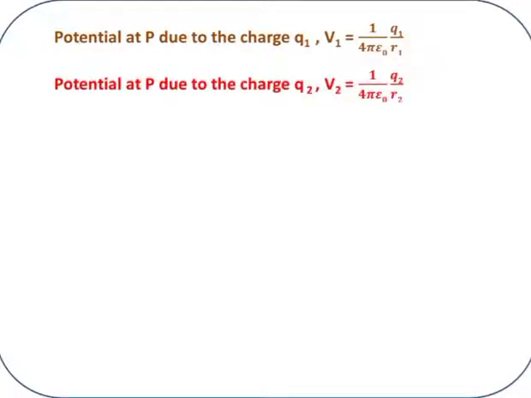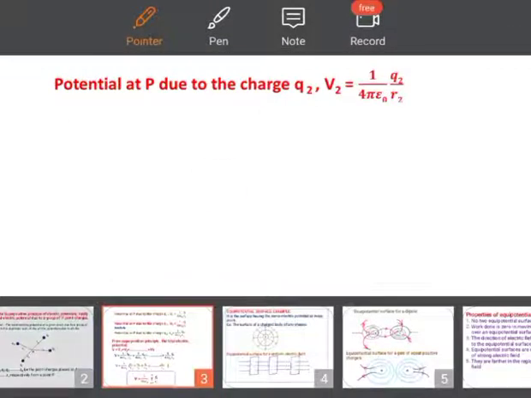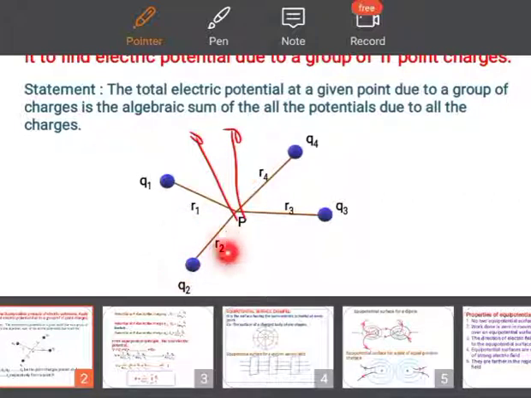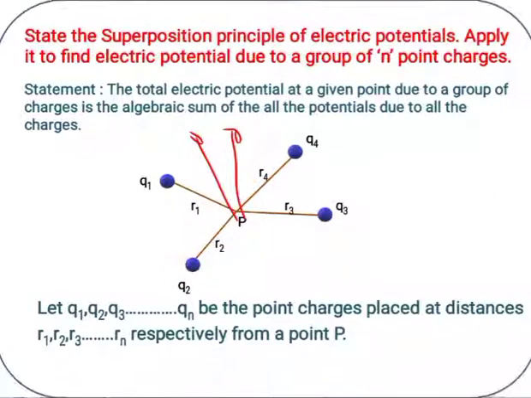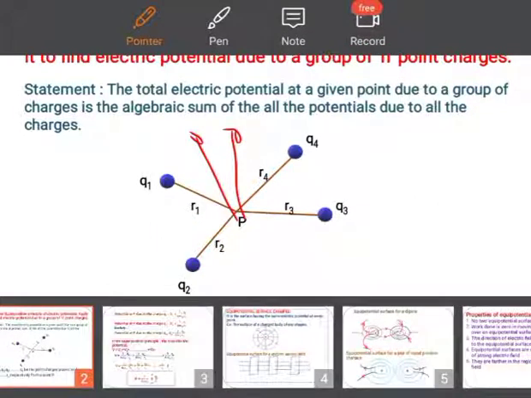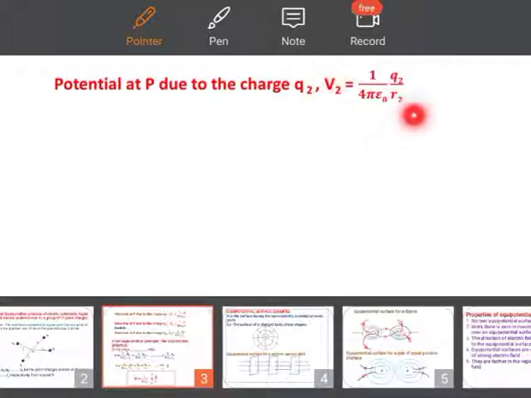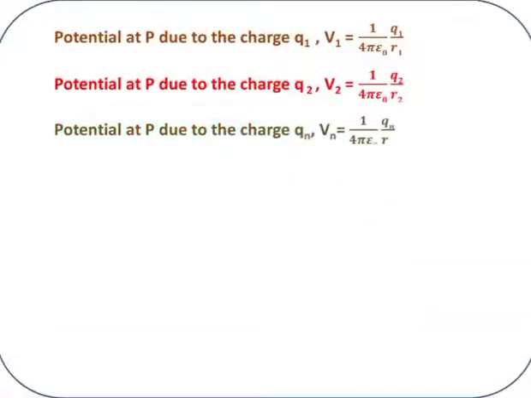Similarly, the electric potential at P due to the charge Q2: V2 is equal to 1 by 4 pi epsilon naught Q2 divided by R2. Similarly, we can write for Q3, Q4, Q5, up to Qn.